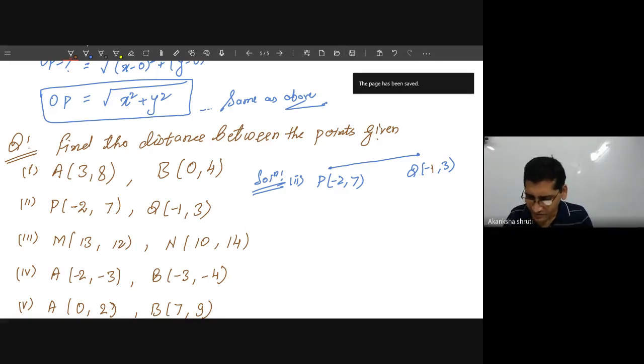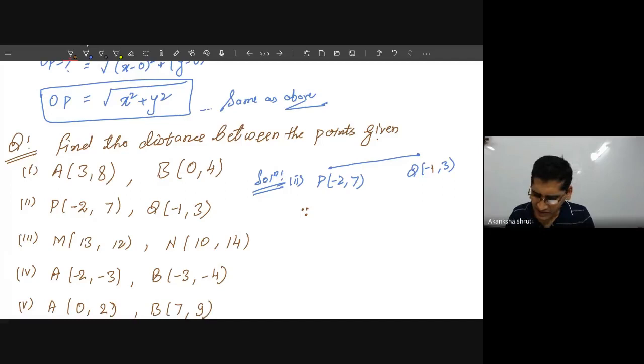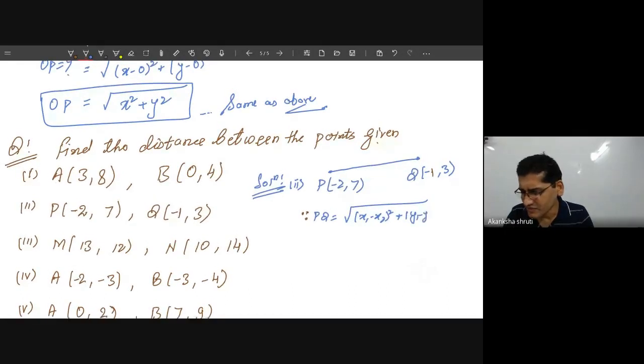Students, here we have to take this PQ. So write the formula first. PQ, write in terms of the standard x1, x2: x1 minus x2 square plus y1 minus y2 square. The point P is x1, y1.